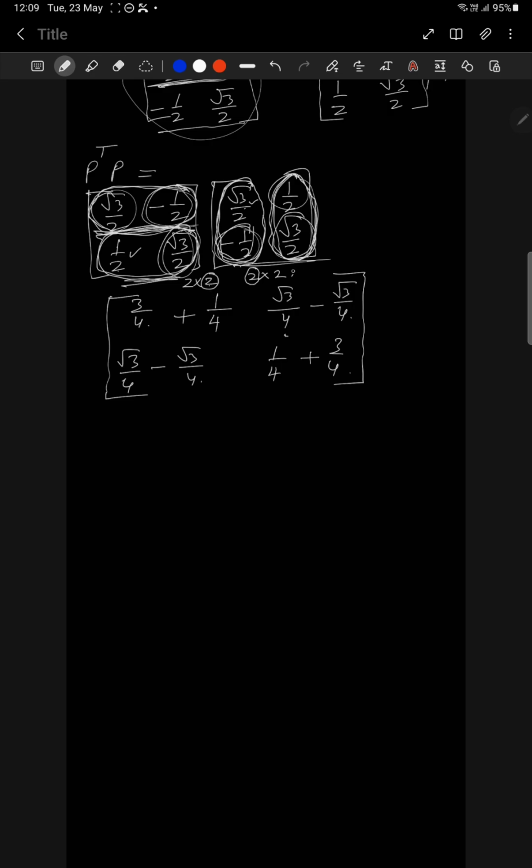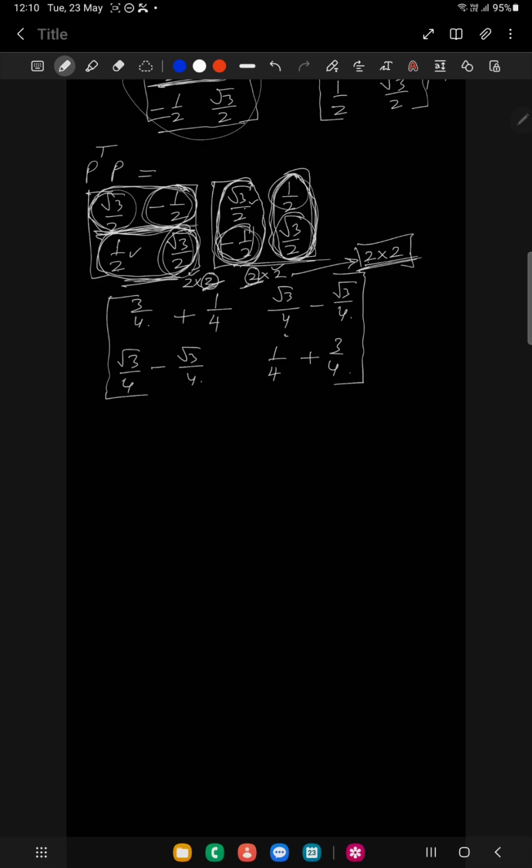When we are multiplying these two, those two 2's will be dropped, meaning this column and this row will not appear in the resulting matrix, but this 2 and this 2 will be the order of the new matrix, so the resulting matrix will be of order 2 cross 2.